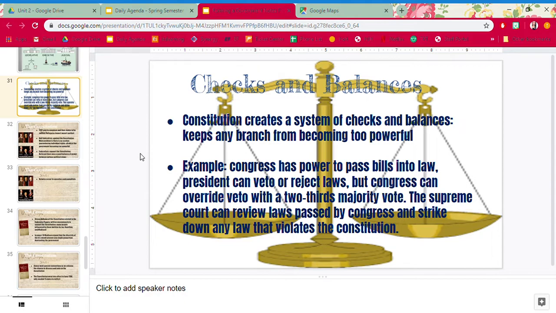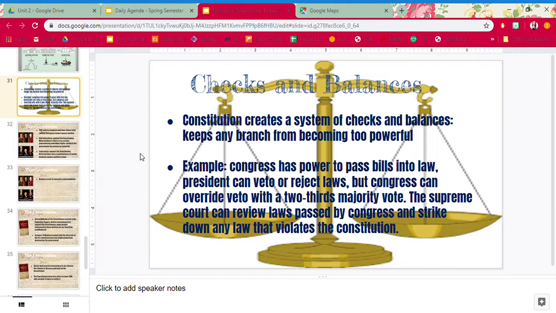So here's an example. Congress, right, which is part of the legislative branch, has the power to create laws. Okay. But once they make a law, the president gets to read the law and he can choose, or she can choose, to veto or reject the law. Okay. But then the law goes back to Congress and they can actually override the veto if they get 2/3 of the people to actually vote and agree for the law.